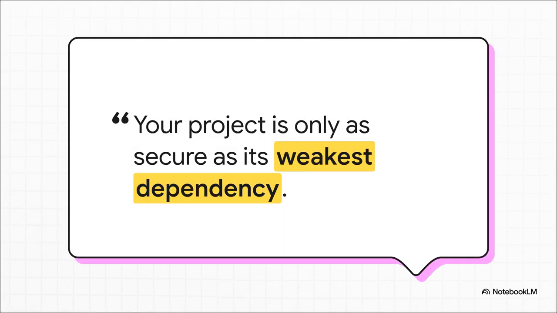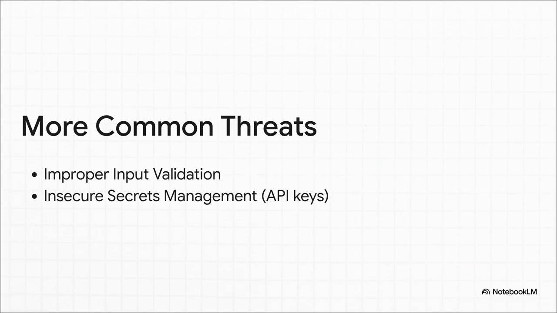And this quote just hits the nail on the head. You can write the most beautiful, secure code on the planet, but if you import one little library that has a known security hole, boom, you've just thrown the back door wide open. It's so true. Your project is only as secure as its weakest dependency. Of course, it's not just about dependencies.